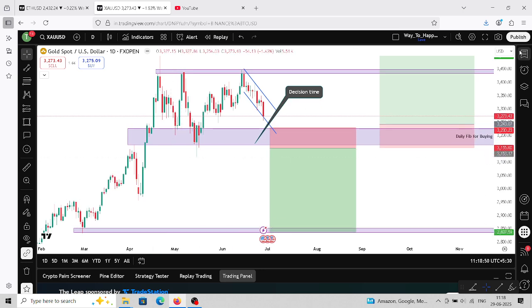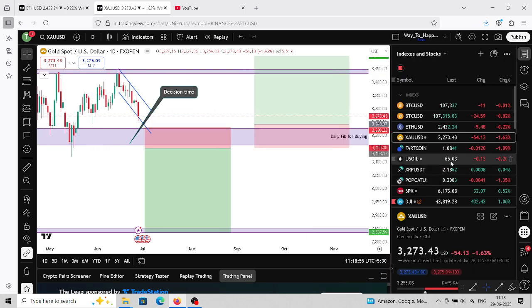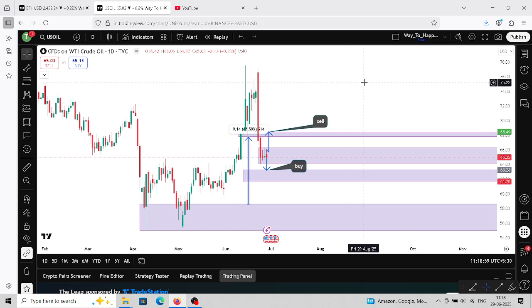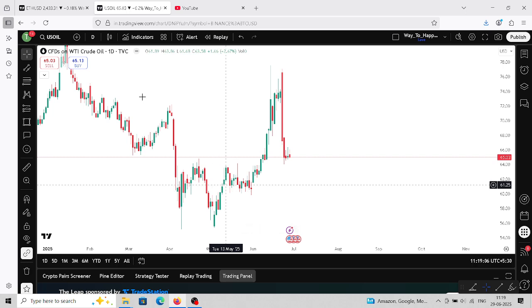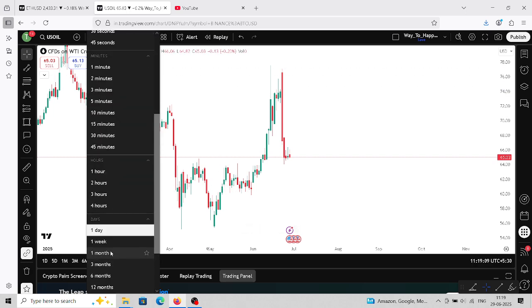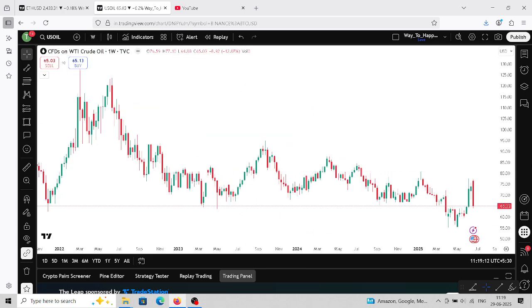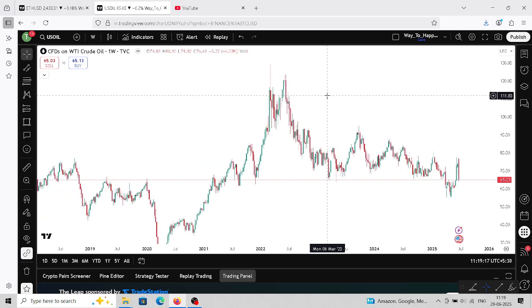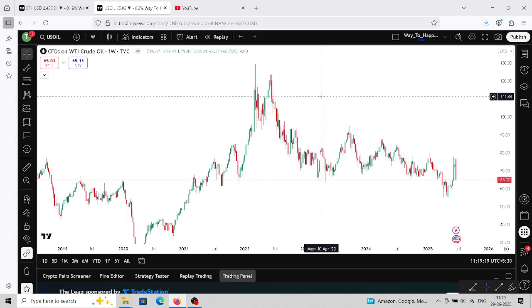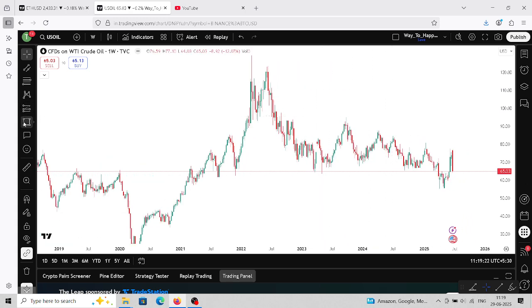Okay. Now, because we have done BTC, ETH, gold, let's see the US oil also. What is happening in the US oil? Let me clear it out for US oil, and let me take it to the weekly level here. On a weekly level, what US oil is trying to say is that it is like this.